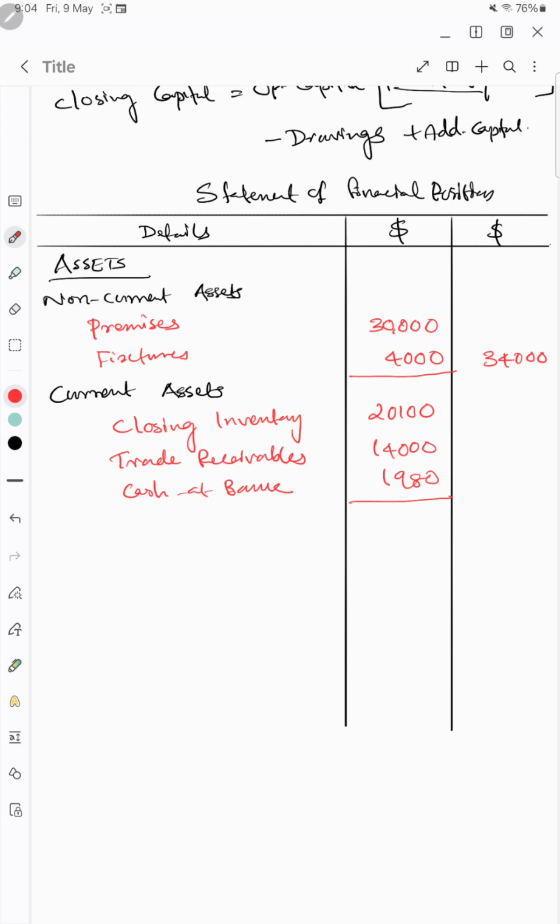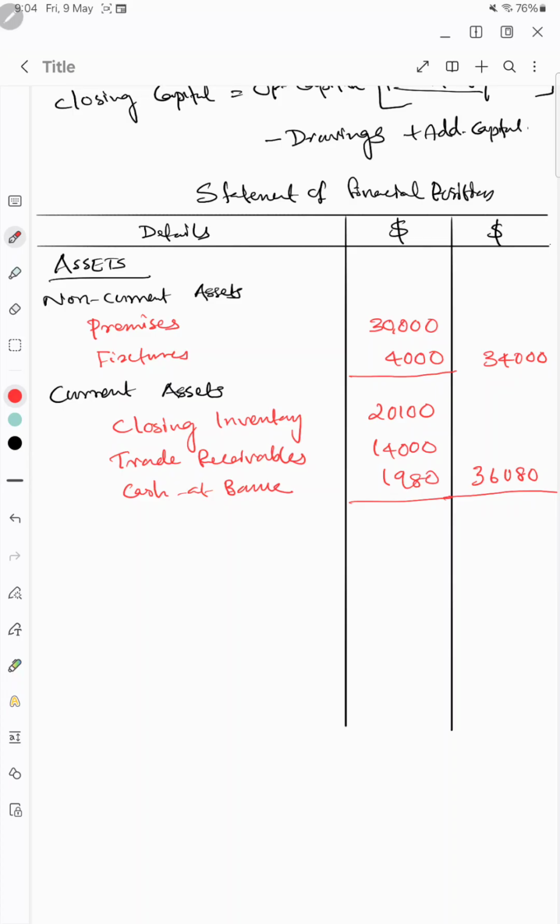Okay, now check the total of current assets. 20,100 plus 14,000 plus 1980 will be 36,080.